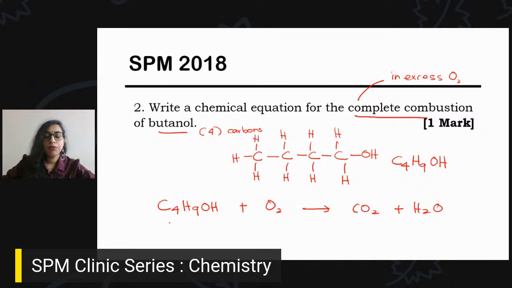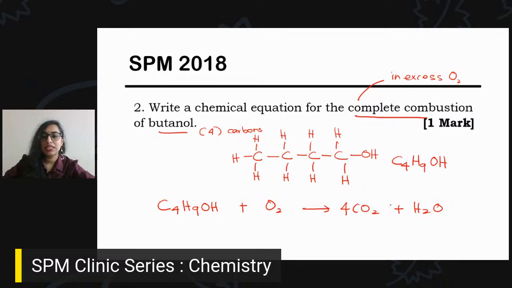Now we're going to balance the equation. We have 4 carbons on the left hand side, so we are going to make sure there are 4 carbons on the right hand side as well. So we're going to add the 4 there. Then we have 9 plus 1, 10 H atoms.